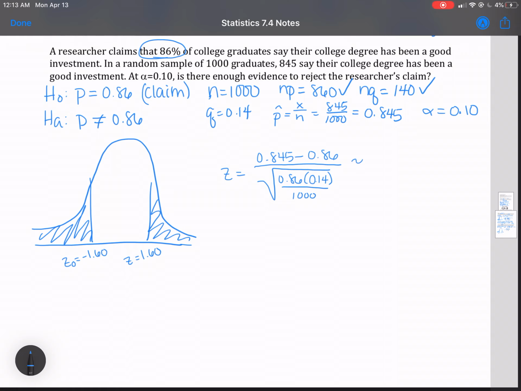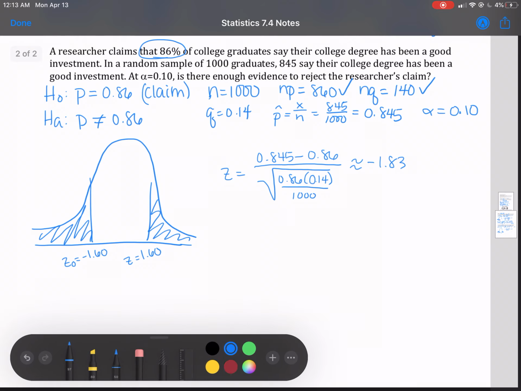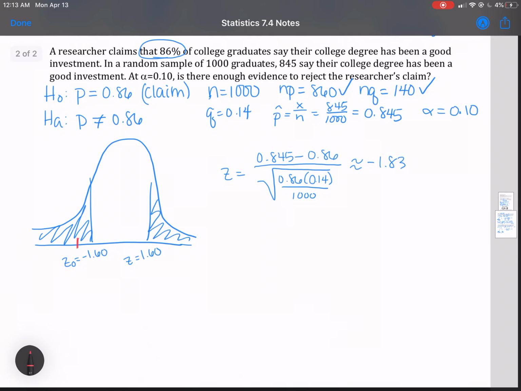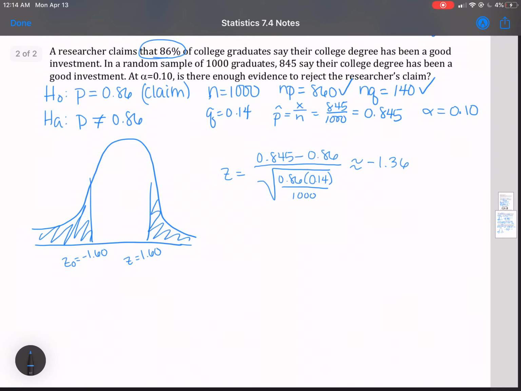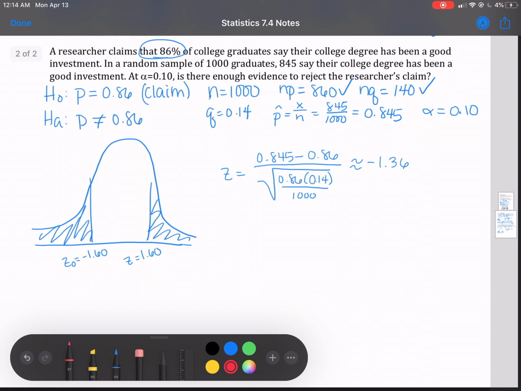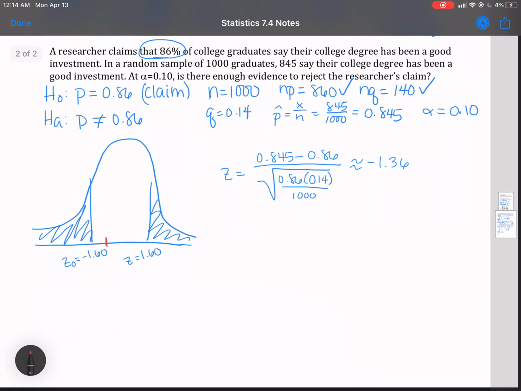Oops, sorry, I'm looking at the wrong problem. If you plug that in your calculator, you get negative 1.36, which would fall in our fail to reject region.